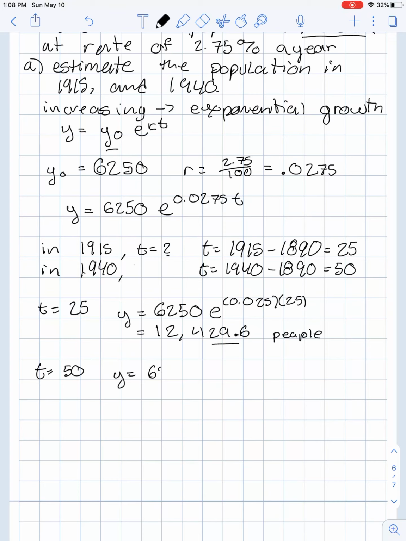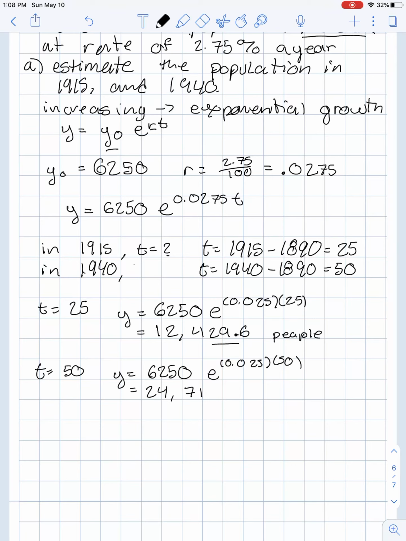When t equals 50, let's do the same thing, right? y equals 6250 e to the 0.0275 times 50, right? I'm going to put that in my handy dandy calculator.